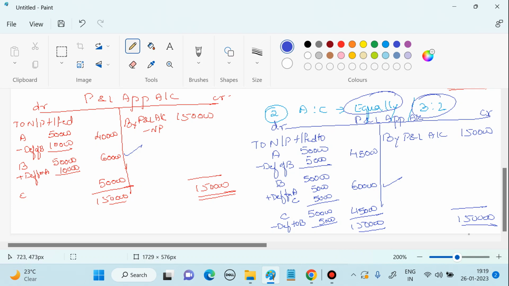Read carefully what they have given and accordingly treat it. Equally, in a particular ratio, or by one of the partners, on that basis you take from those who have guaranteed and give it to the person who has been guaranteed. That's the entire concept about guarantee of profit. Now let's do some questions.